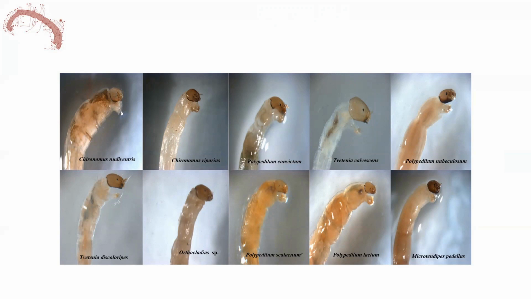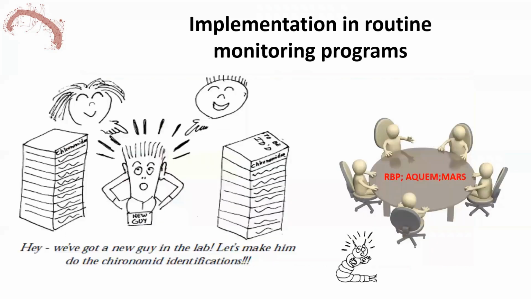For example, look at these species which are presented from the lateral point of view. They are almost similar, especially for non-experts. Because of that, chironomids, beside the huge potential as indicators in bioassessment, are excluded from almost all routine monitoring programs.